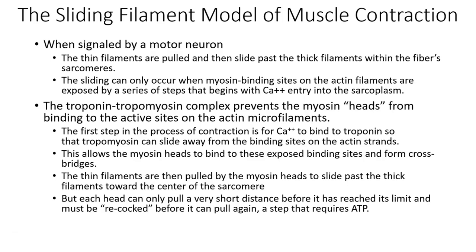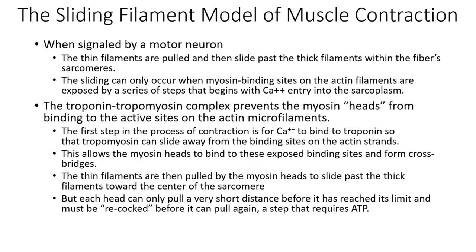And so to start this process of contraction is to get those calcium ions in and bound to the troponin molecule, which is going to allow the tropomyosin protein to slide away and uncover those binding sites on actin, which is going to allow the myosin heads to actually bind onto those binding sites and form something called cross bridges.